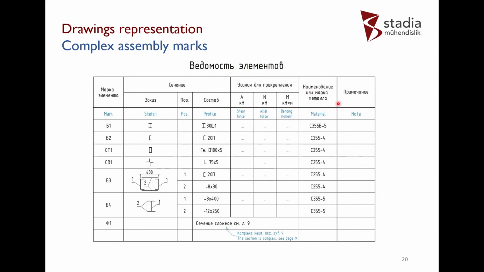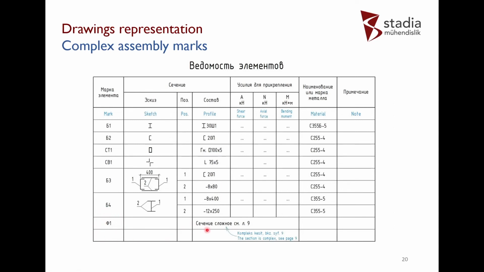The next column is material and notes. Also, at the end of the table, usually we mark complicated complex sections such as the F1 truss we talked about on the previous slide. If, for example, we have a complicated complex assembly, we can mark that in the drawing set we have this F1 assembly.